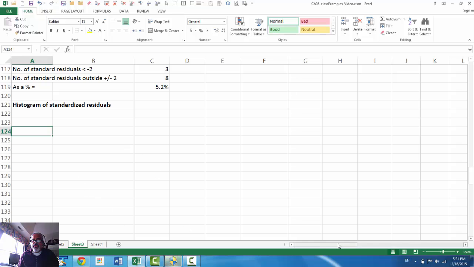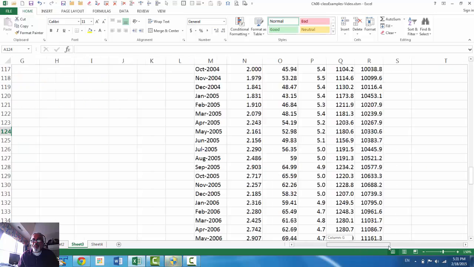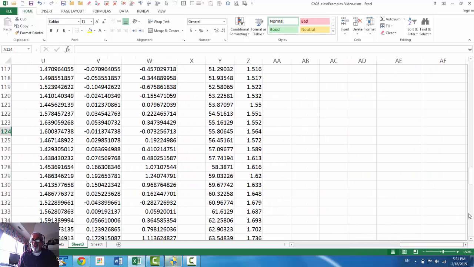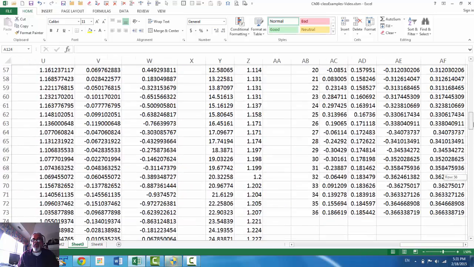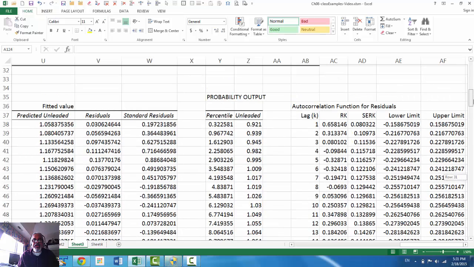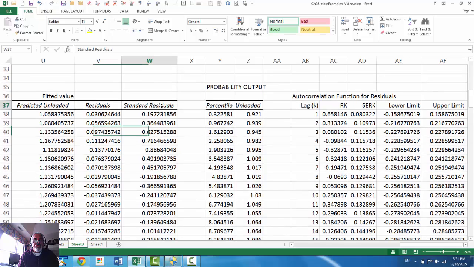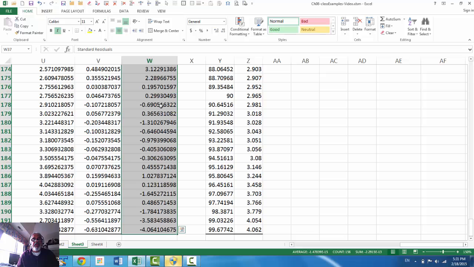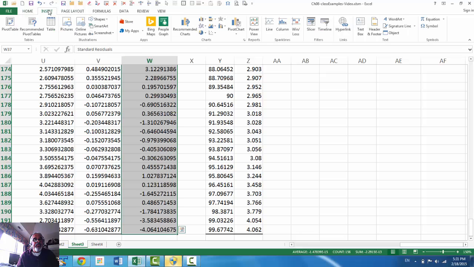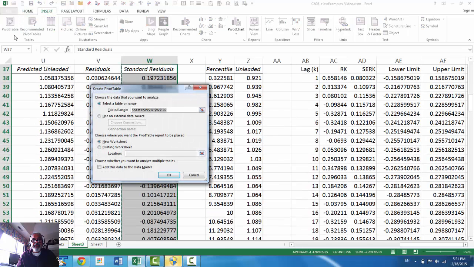We're going to use a pivot table for this. Let's prepare the pivot table here, and then we will move it back down to the proper place. Highlight the entire standardized residuals column and insert a pivot table.